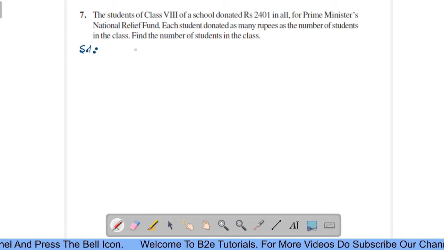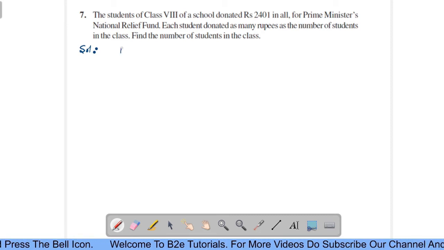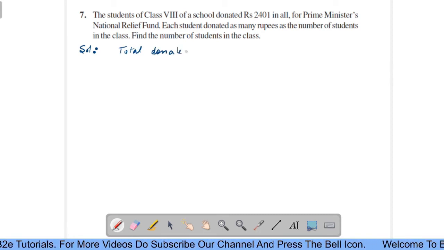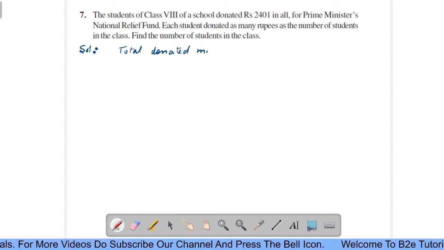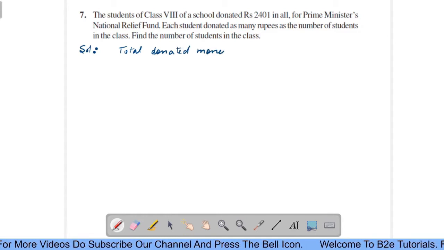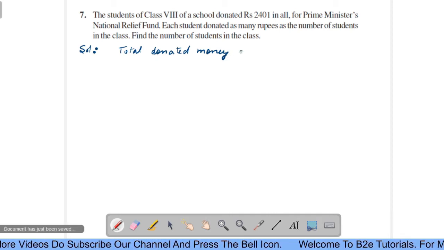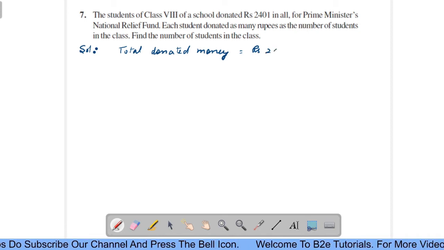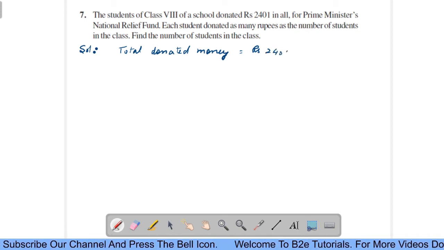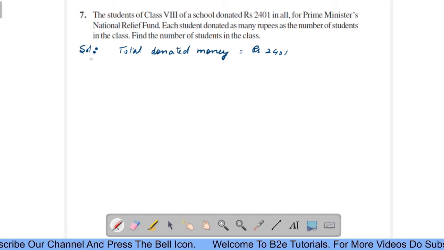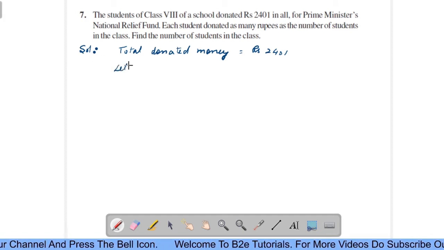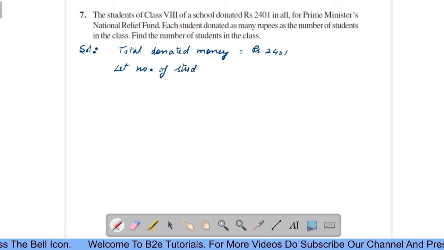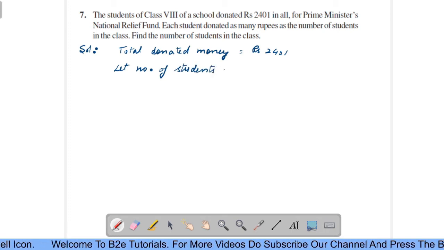The total donated money is rupees 2401. Let the number of students be equal to x.